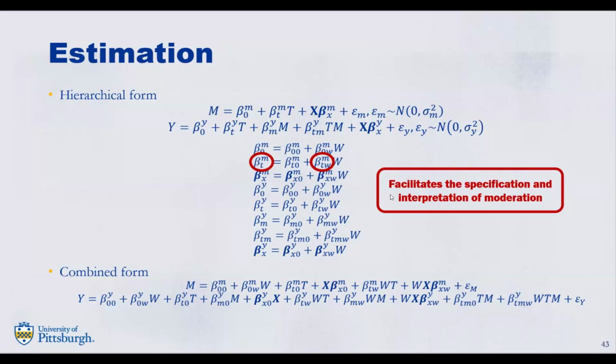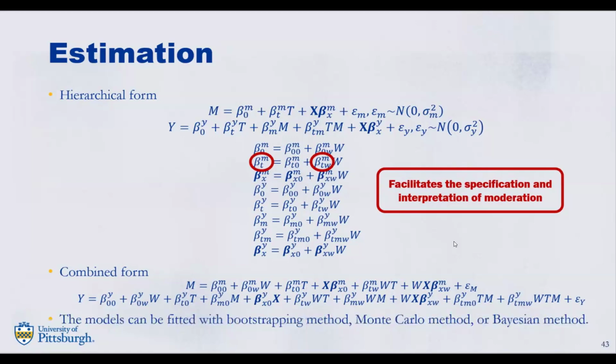Based on your theoretical reasoning, you may have an idea about which path the moderator moderates, based on which you are able to write out the hierarchical form in an easier way, while the combined form is more difficult to specify.